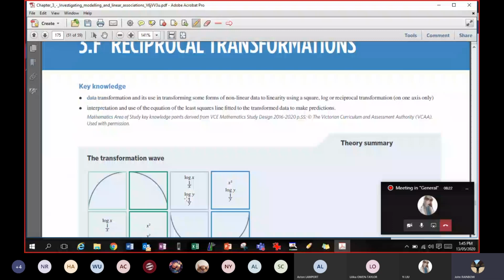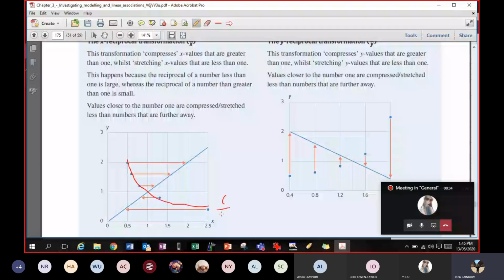See how this data is curved here. So you can see how it's curved. What we're going to do is I might change my X-axis to 1 over X, for example, and then all these dots would become looking straight. And then we do a lin reg to it.